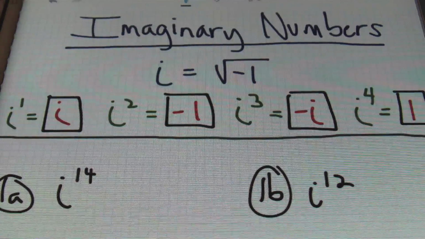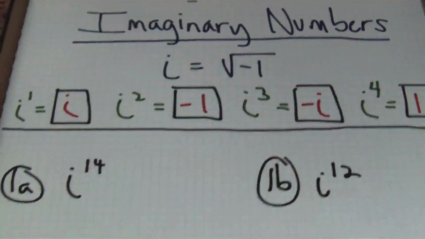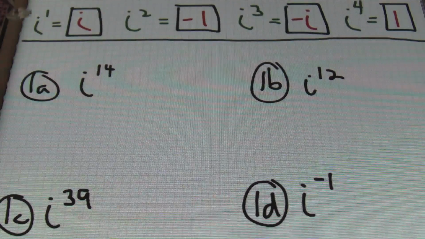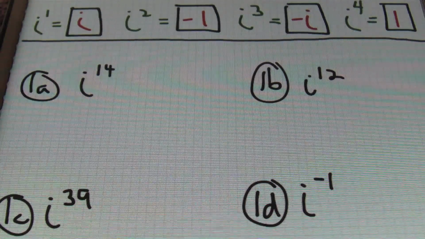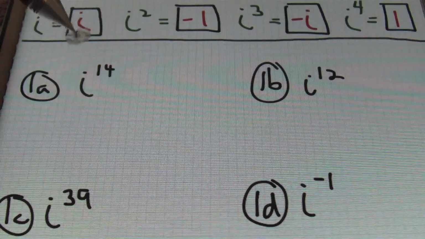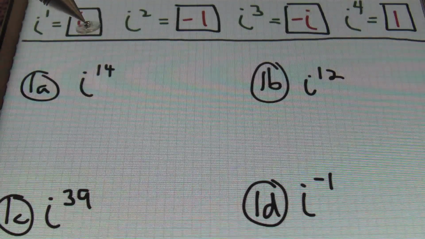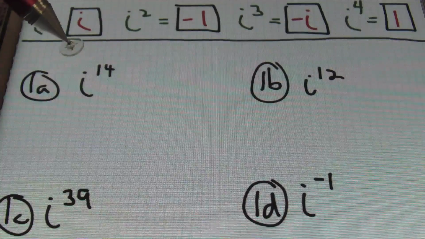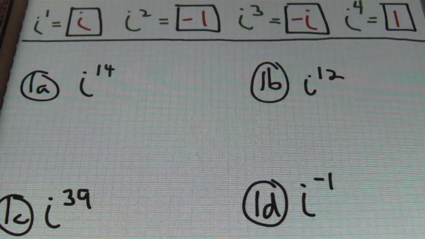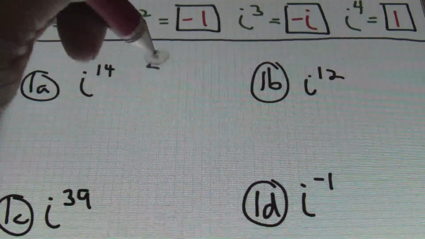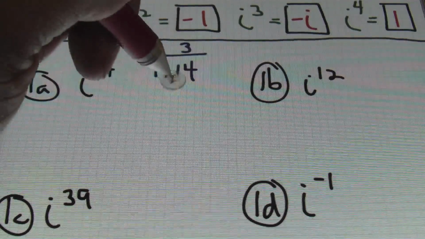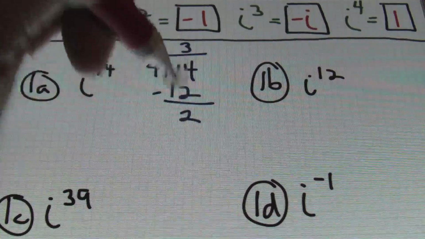All right, now we have examples for you. Let's check out example 1a in simplifying these imaginary numbers. Since the first 4 i's in this sequence will repeat, all we have to do when simplifying an imaginary value is divide the exponent by 4. For instance, here I have i to the 14th power. 4 goes into 14 3 times, that gives me 12, and a remainder of 2.